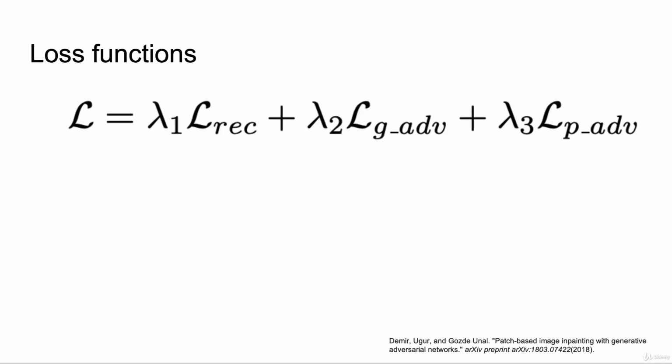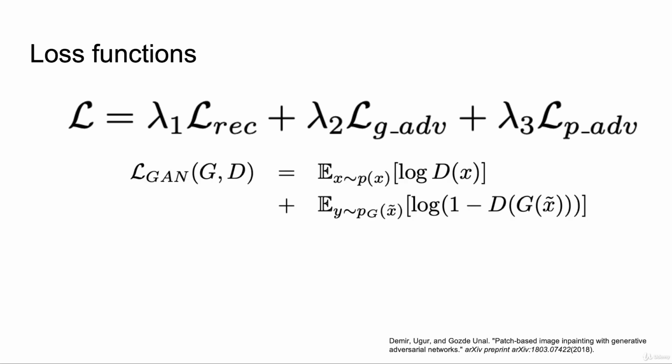Now let's talk about the loss function. Here is the total loss function, which consists of a reconstruction loss, an adversarial loss for the global discriminator, and an adversarial loss for patches. There are three hyperparameters: lambda1, lambda2 and lambda3.